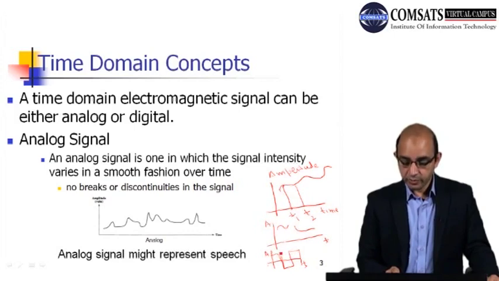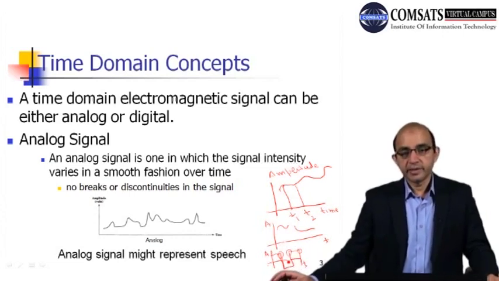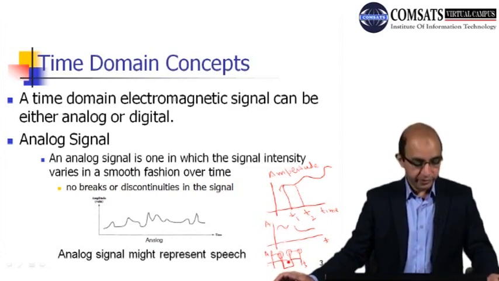These points are marking the discontinuities. The best example of an analog signal is my voice, or speech, which is varying all the time.